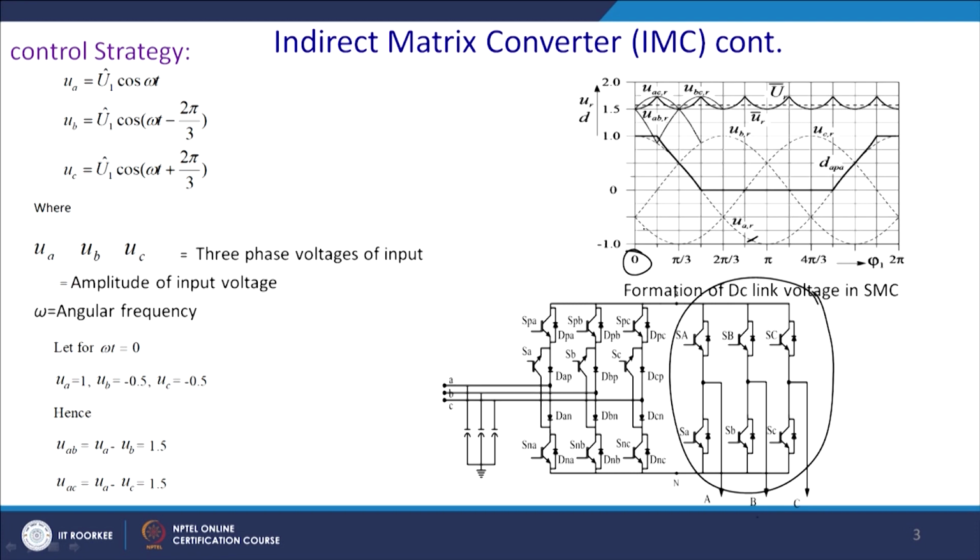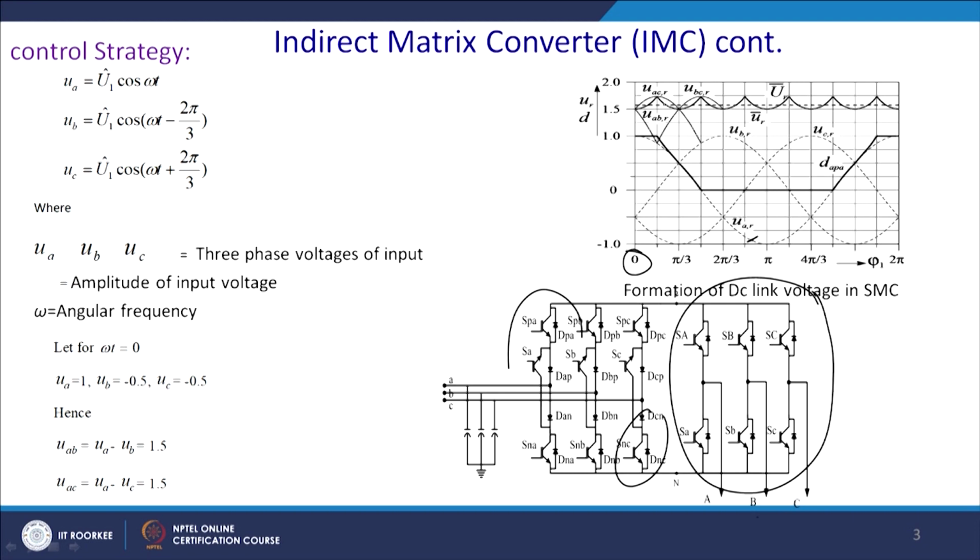At that time C is the most negative phase. So, you will conduct the upper leg of phase A and the lower leg of phase C, so that you get the voltage UAC.